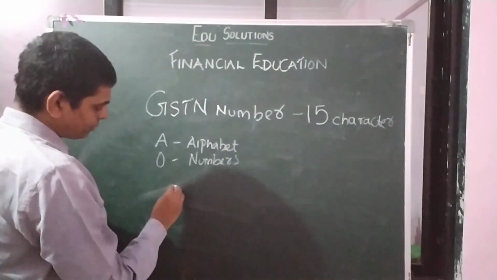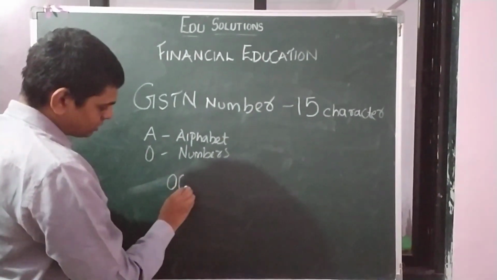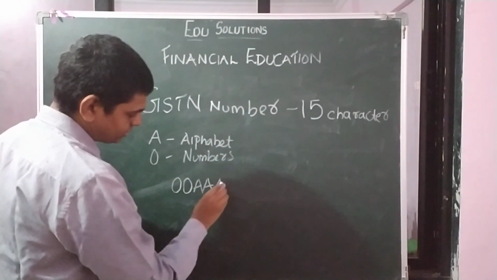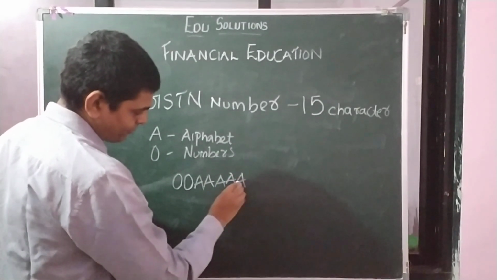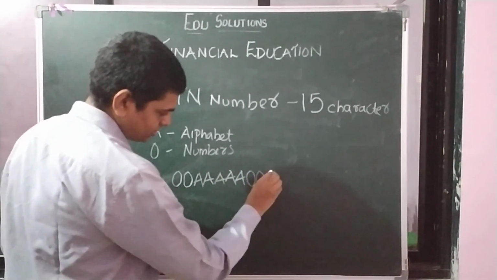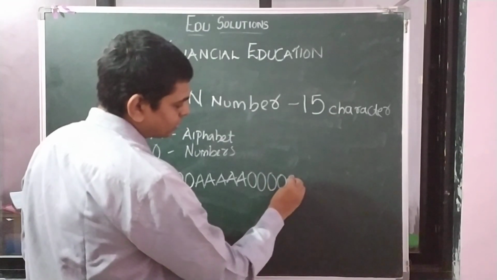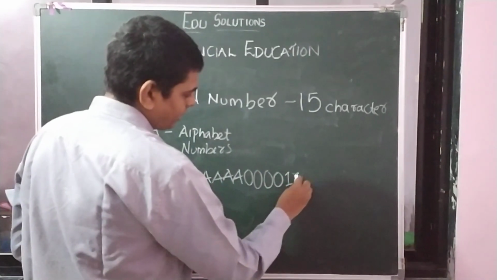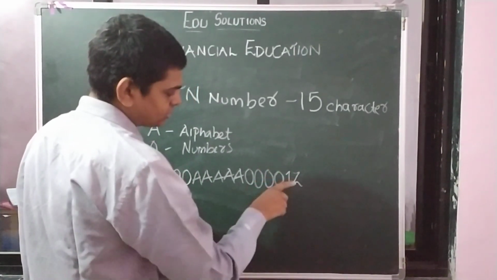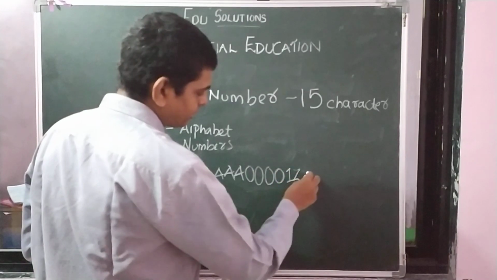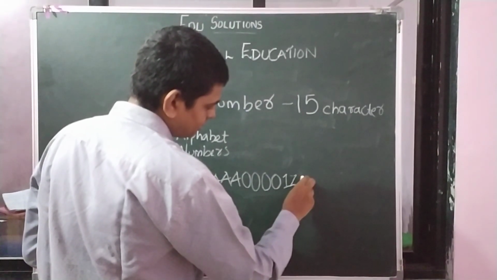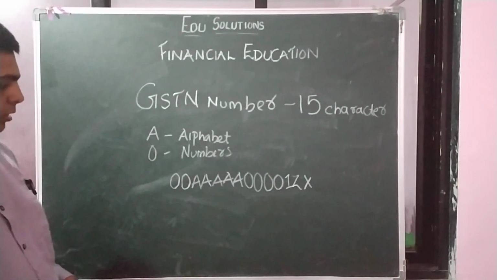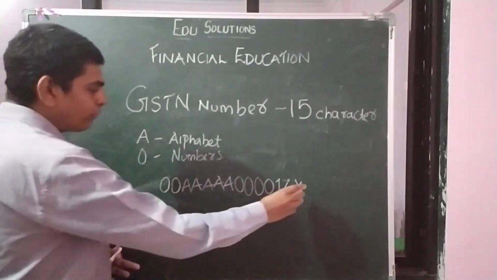So the GSTN number is 15 digits which starts with 2 numbers, then 5 alphabets, again 4 numbers, then this is also a number, I am denoting 1, I will explain the detail, and this is an alphabet. This is always Z, I will explain that also, and then this last one is an X which can be either a number or an alphabet.